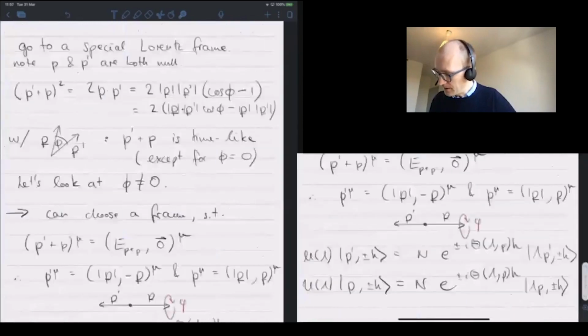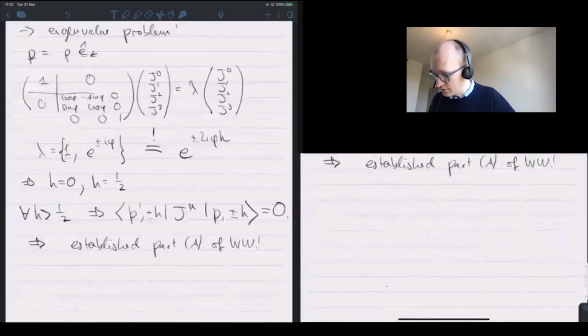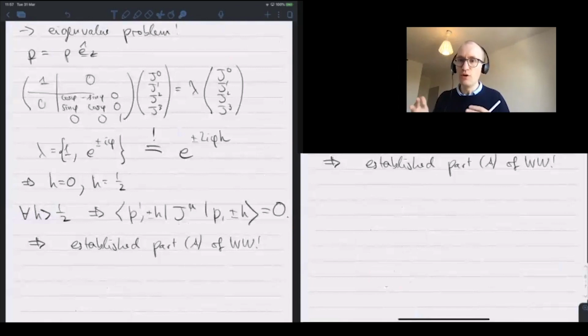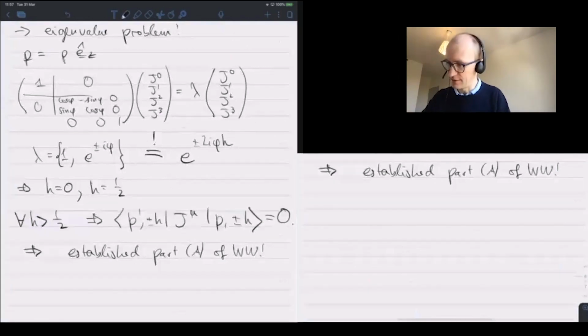So the only way to go around this is by saying that in a consistent theory that satisfies our requirements, no particles that are massless and charged and that have spin j greater than 1 can exist. Okay, that's part A of the Weinberg-Witten theorem.